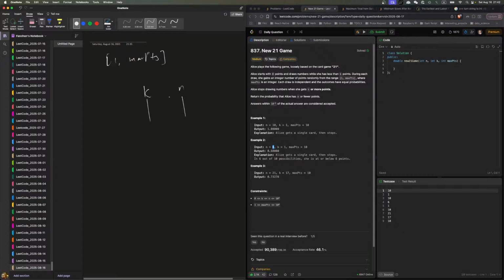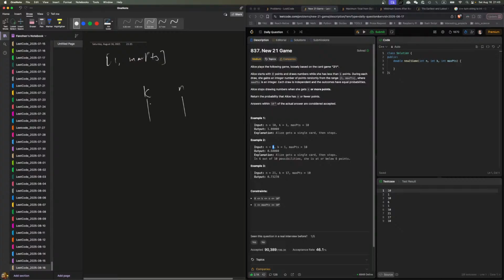Okay, n is bigger than k. So the question is, because I can keep drawing until I go above k, right? Until I go above k, then that's the end.